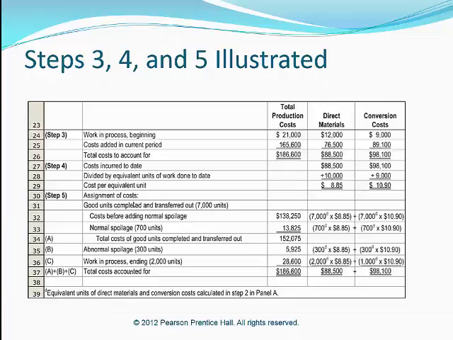Therefore, 300 times 885 equals a number, and 300 times 1090 equals a number. Filling those two cells in and then adding them together, we have $5,925 as to our abnormal spoilage.